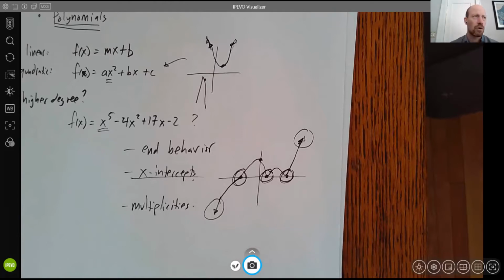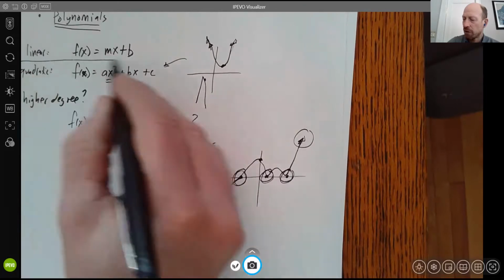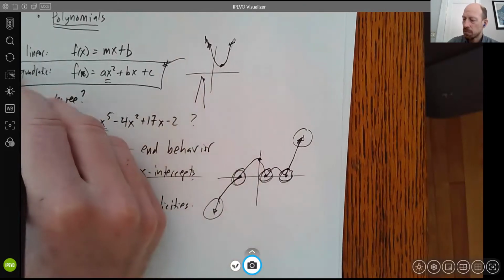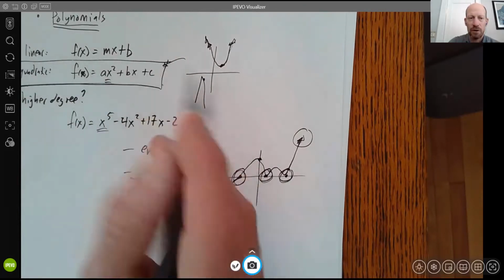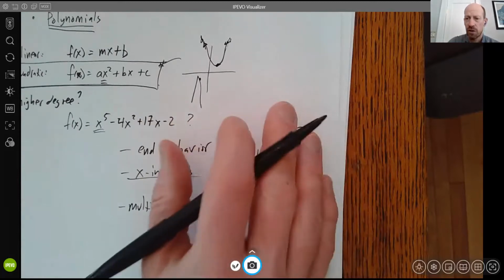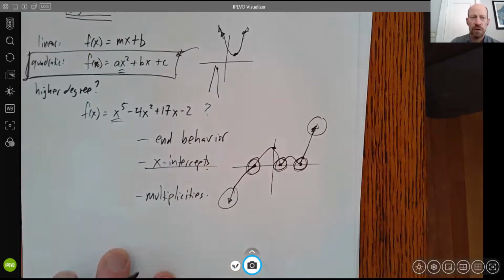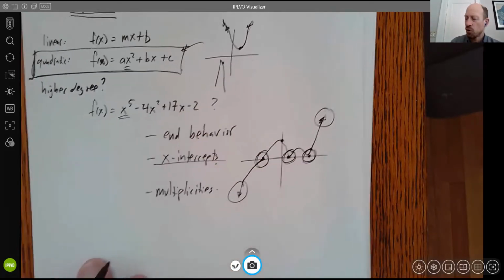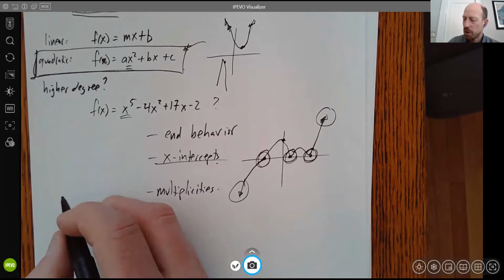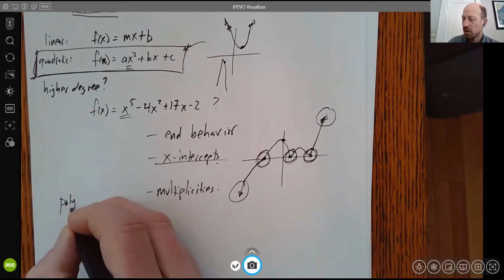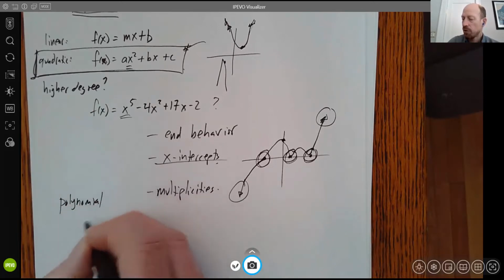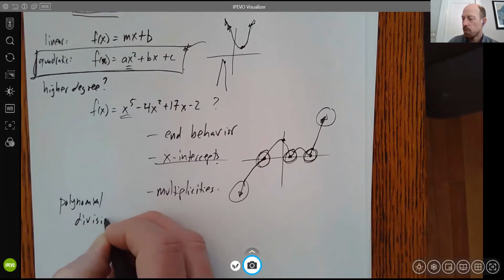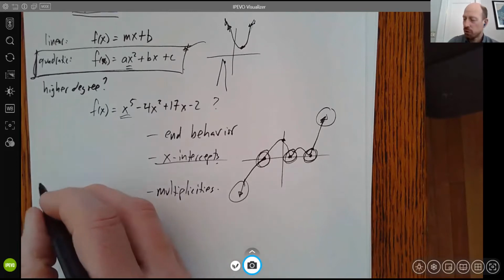Okay. So when you get into chapter 3, you're going to start by focusing on the quadratic function, really mastering how a quadratic function looks and works, and then we'll move into these higher degree polynomials. In order to be successful with polynomials, we will have to spend a little time doing polynomial division. So that's, what is that, homework 3?